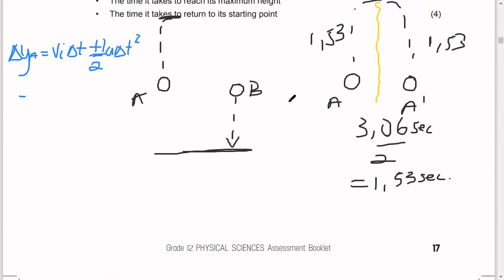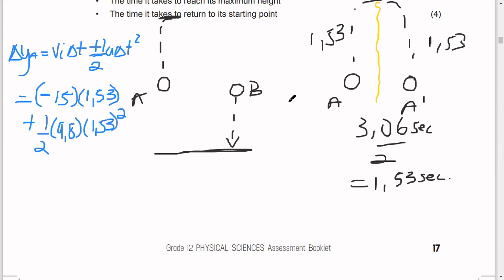My V initial is -15. Very important for you to keep the sign. So -15 times 1.53 plus half of 9.8 times 1.53 squared.